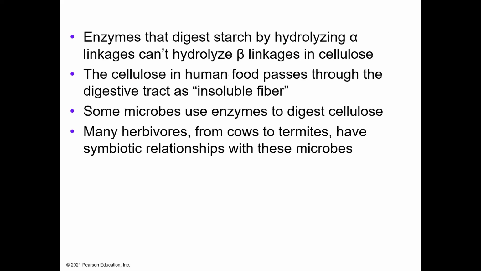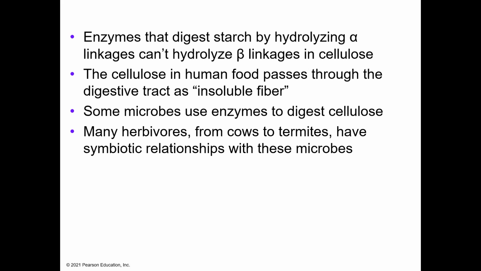So some animals have evolved to be able to digest and break down these cellulose structures. For example, herbivores like termites and cows are able to break down these cellular structures, where some animals are not able to do that, like humans.